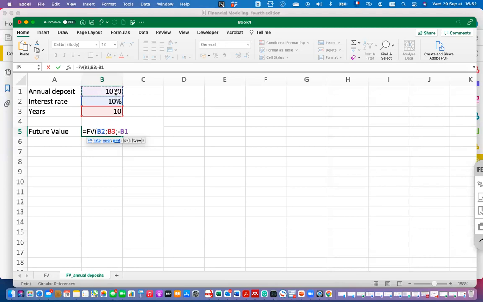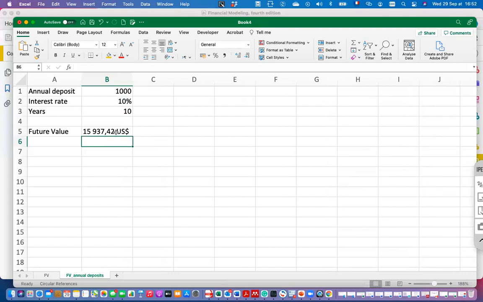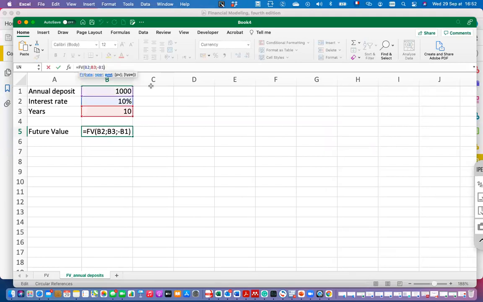Then close the parenthesis. See, I forgot one thing.